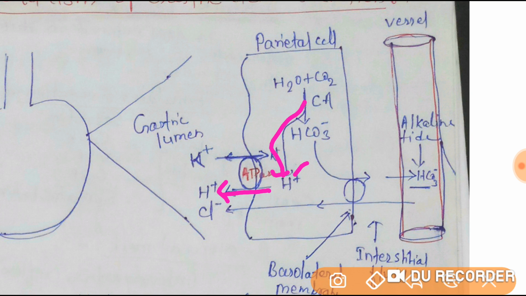In the lumen, there is potassium ion present, which is transported to the parietal cell.